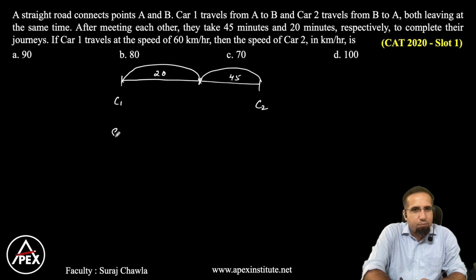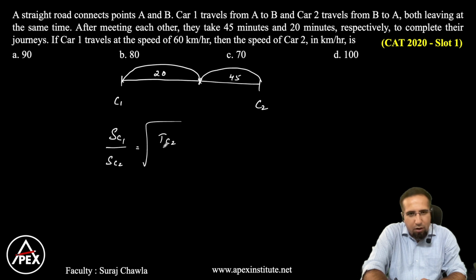Right, so I know that speed of car 1 divided by speed of car 2 is equal to the square root of time taken by car 2 divided by time taken by car 1. That is equal to 20 by 45, and 20 by 45 is going to be 4 by 9. So the square root of 4 by 9 will give you 2 by 3.